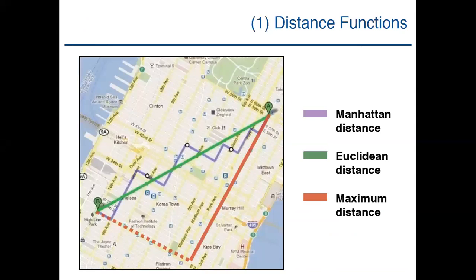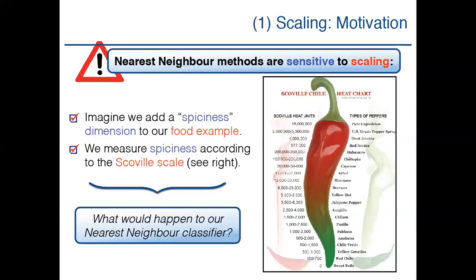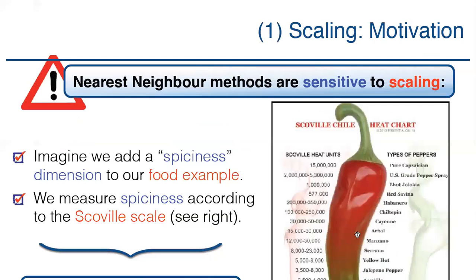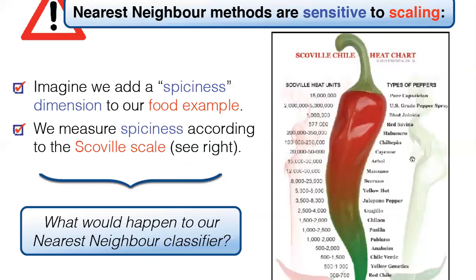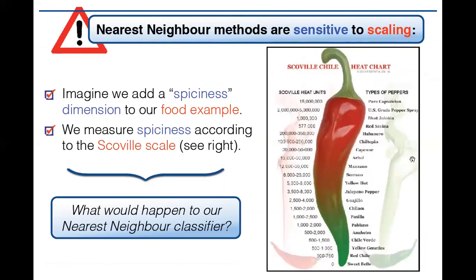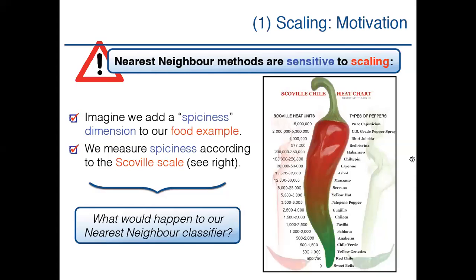Okay, सो आपके पास एक डेटा पॉइंट है, कोई भी आपके पास यहाँ पे येलो हॉट आपके पास शो हो रहा है यहाँ पे. So this is probably some sort of a sauce.